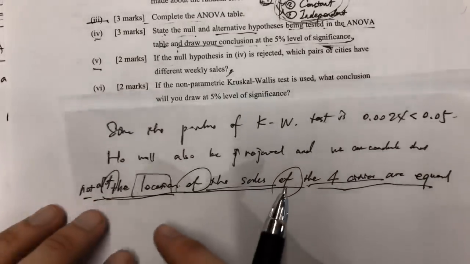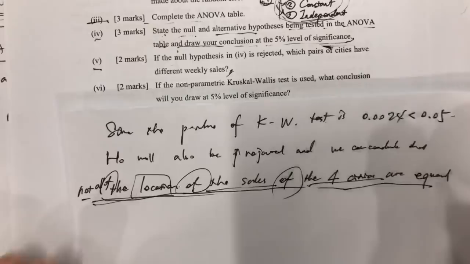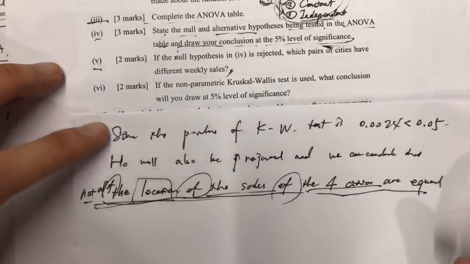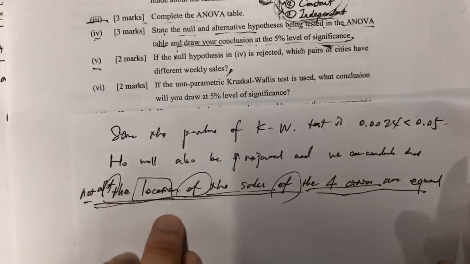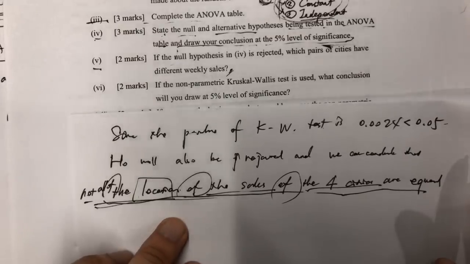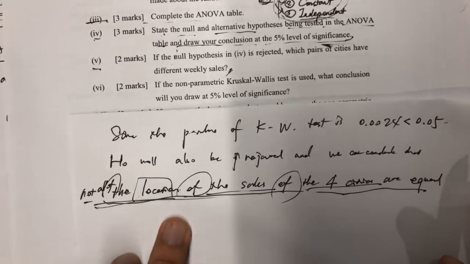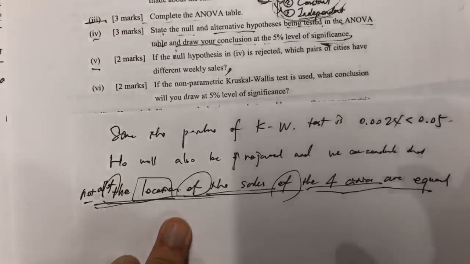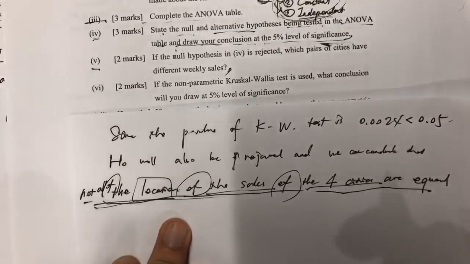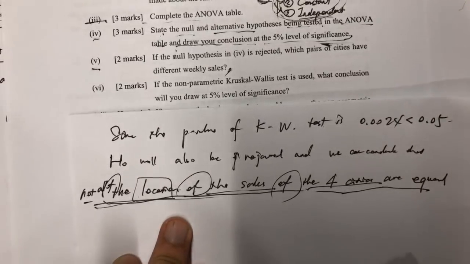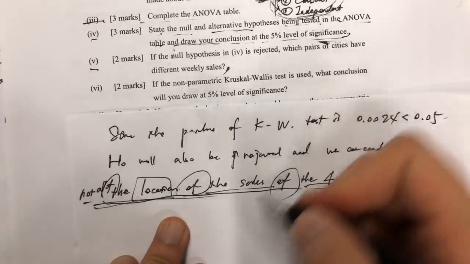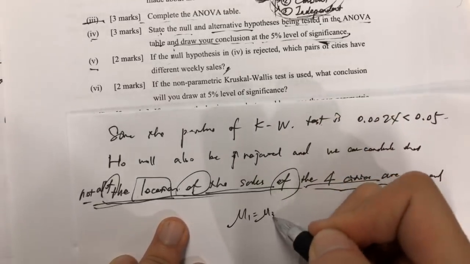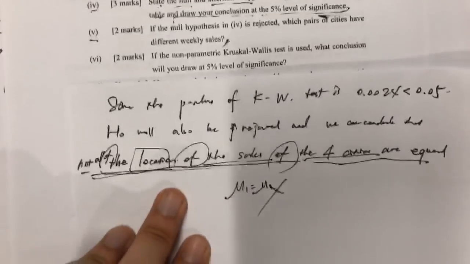Because when we are doing the non-parametric test, we're not talking about the mean, right? So many of you have made a mistake in your major assignment by saying, when you perform a Wilcoxon rank sum test, you write down mu1 equal mu2. This is definitely wrong, okay?